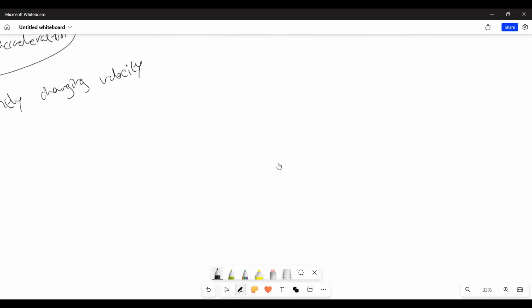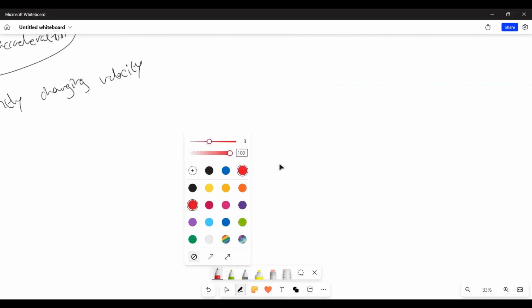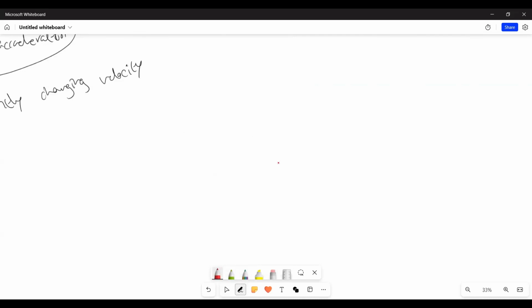I'm going to change the color because I got sick of it. Okay, to exit the track, if I have a circle right here. I don't know how to draw circles.